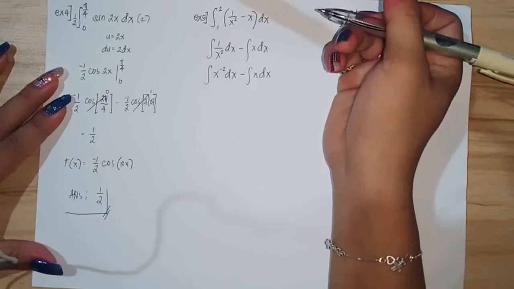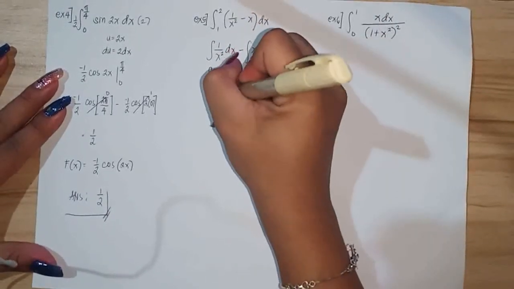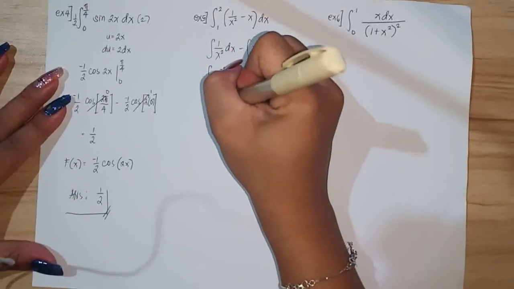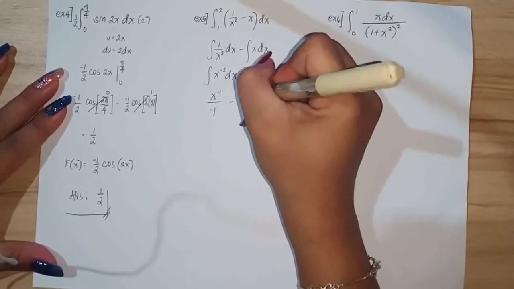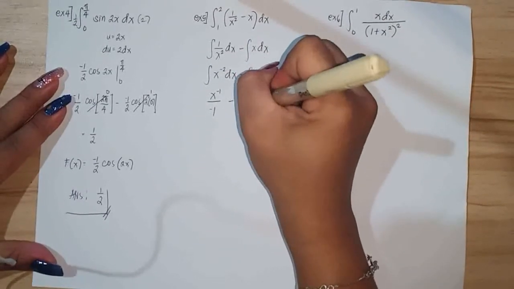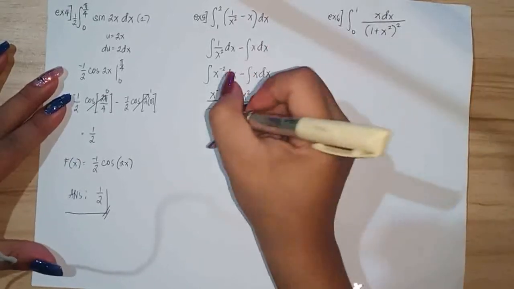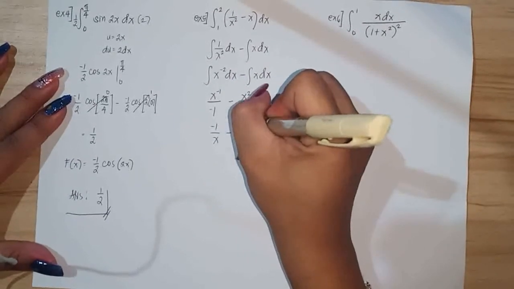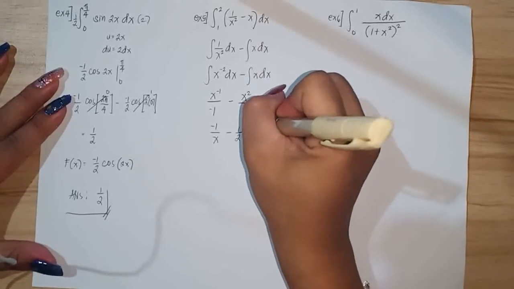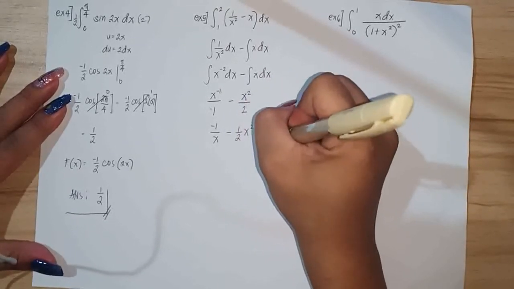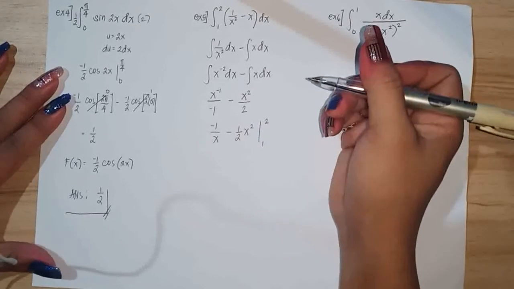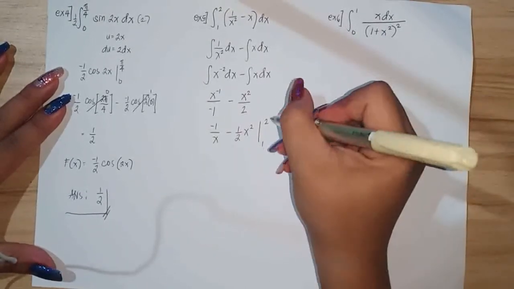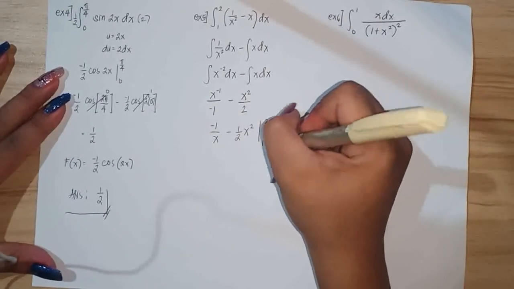So integrating this equation, you will now have x raised to negative 1 over negative 1 minus x squared over 2. Then simplifying this will be negative 1 over x minus 1/2 of x squared, wherein the limits is from 1 to 2.